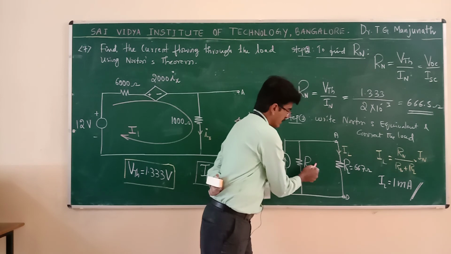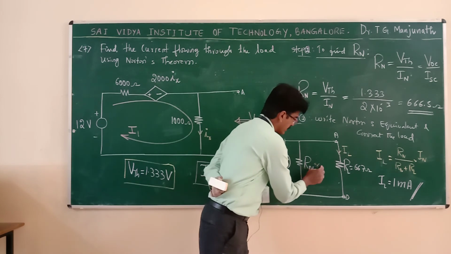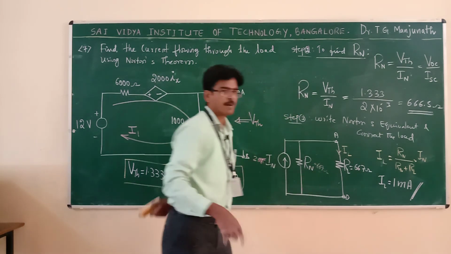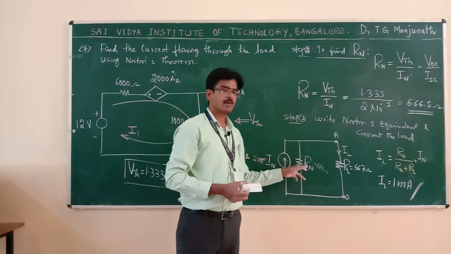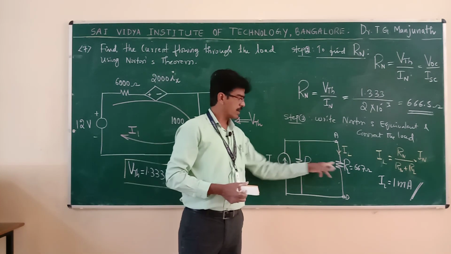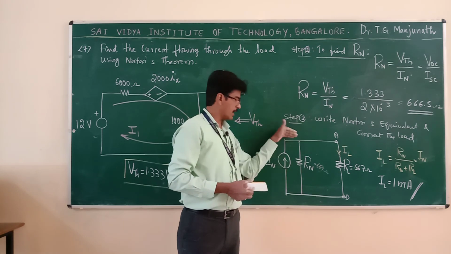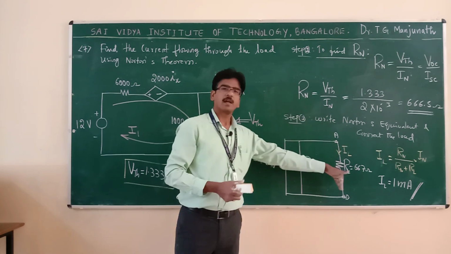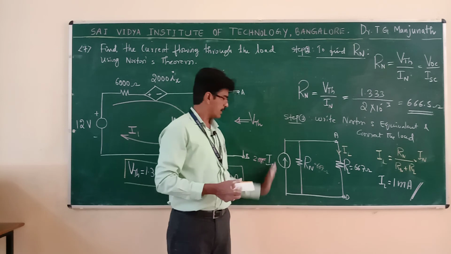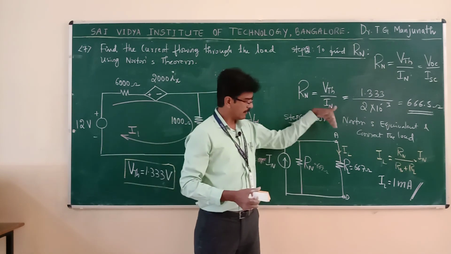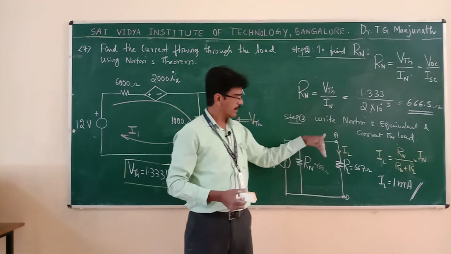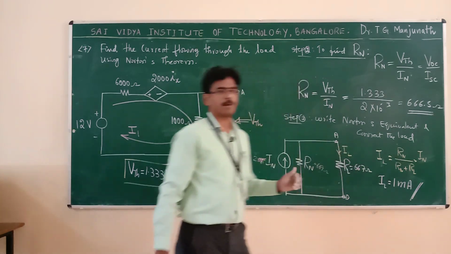Approximately 667. So whenever two resistances are in parallel and both are of equal value, the total current divides equally in these two resistances. So you have a total of 2 milliampere, and it divides so that you get 1 milliampere in each.